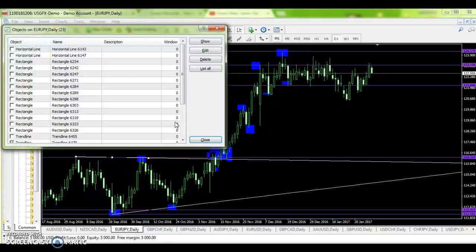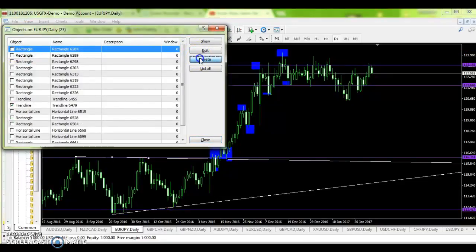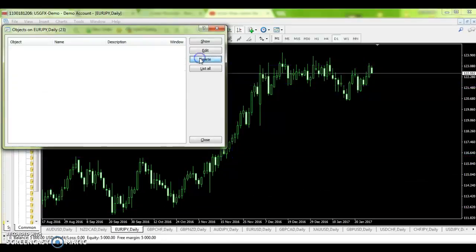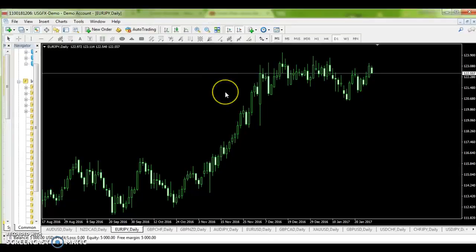Okay, before I tell you these things, let me just delete all the triangles, rectangles and horizontal lines, so once again there is a clear naked chart. Okay, this is the highest point. Before this, I wanted to know what was the higher low.